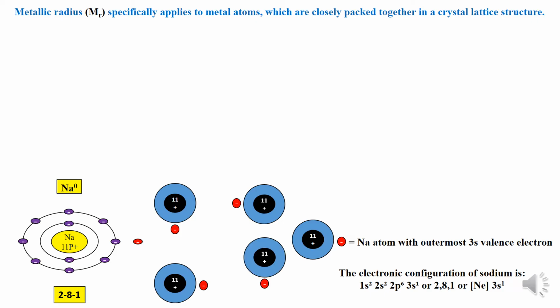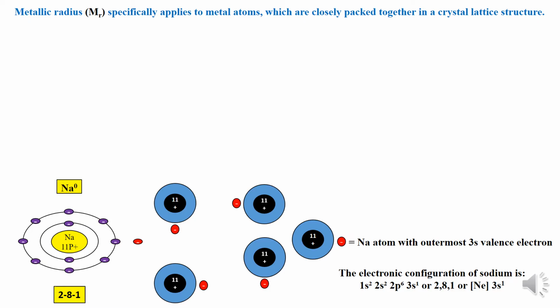Now here you find 4 sodium metal atoms, and these sodium metal atoms experience a strong electrostatic force of attraction between them. The reason for this electrostatic force of attraction is the nuclear protons, that is 11 protons present in the nucleus of sodium atom, and the only valence electron present in the outermost shell.